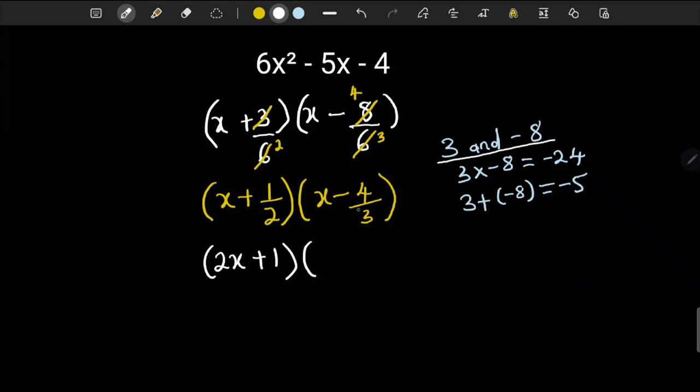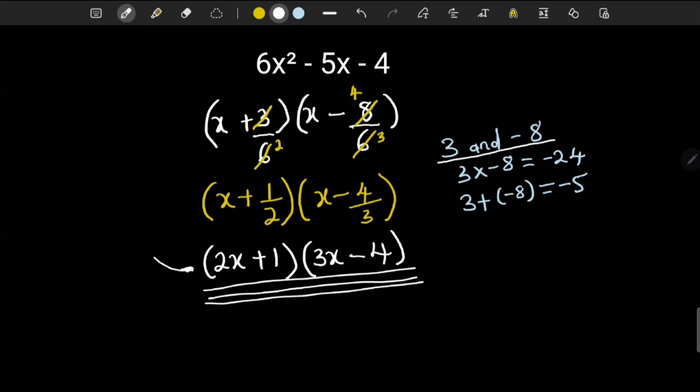And then in this case, we will have 3x minus 4, right? And this is going to be your final answer. If you expand these two brackets, it will give you this, right?